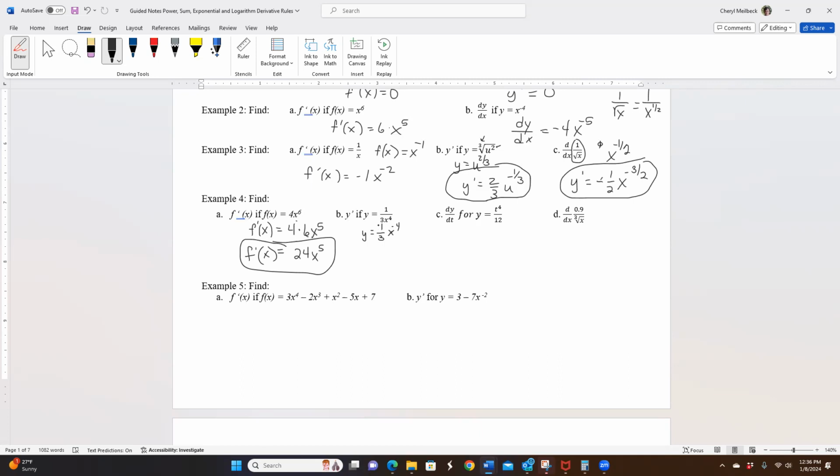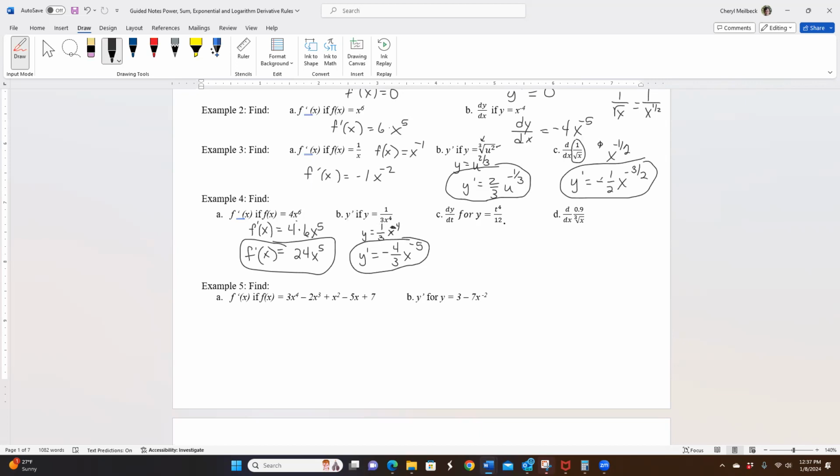We would write that fraction as 1/3 x to the negative 4. Now, I haven't taken the derivative yet, I've just converted it to an exponent. When we take the derivative, y prime will be the negative 4 times the 1/3, which gives a negative 4/3 x to the negative 5, because we subtract 1 from the exponent.